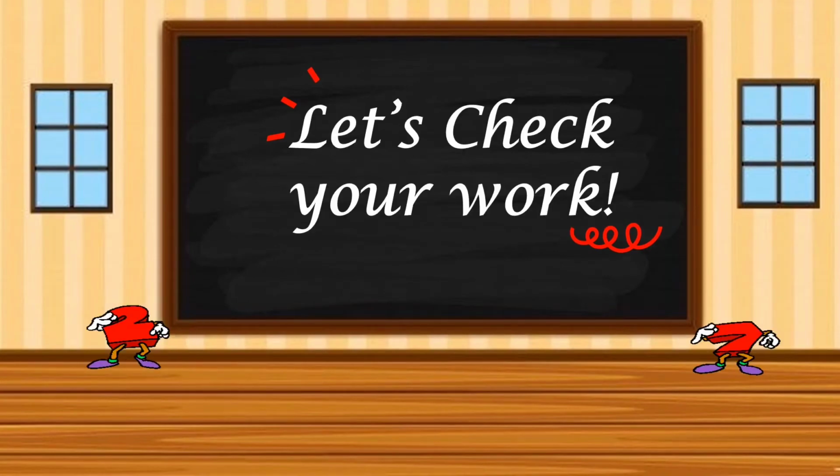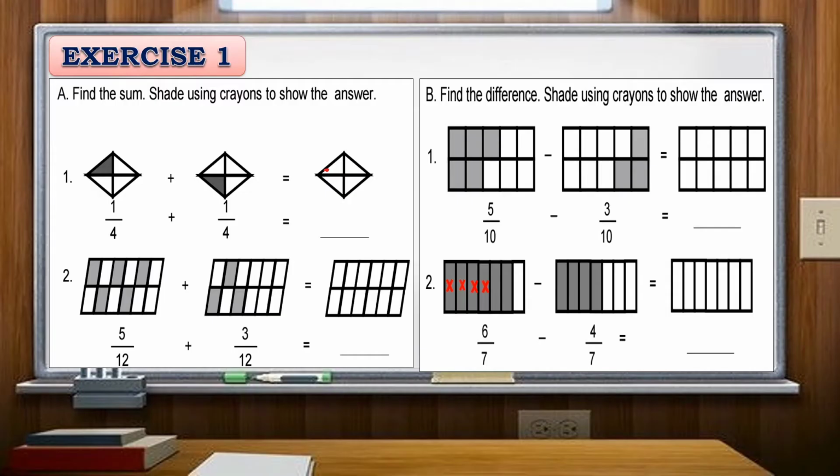Let's check your work. Look at the illustration. We have 1/4 plus 1/4. Counting the total number of shaded parts of 1/4 and 1/4 will give us 2/4. Since 2/4 is not in its simplest form, we are going to find the greatest common factor of 2 and 4.